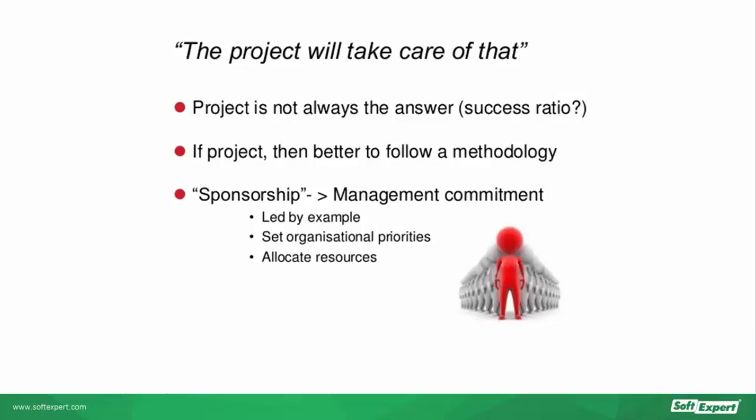KPMG, one of the big 4 audit firms, also made a study which pointed out a number of reasons why projects failed. 52% of these were because of scope unclarity, so the scope was not clearly defined. 40% resulted in failure because they didn't get the necessary means, the actual support, the resources to deliver the desired outcome.